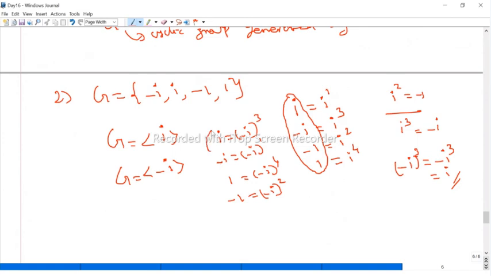So every element of G can be expressed as a power of -i.